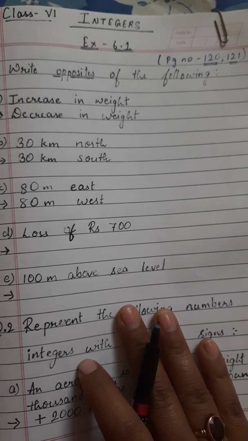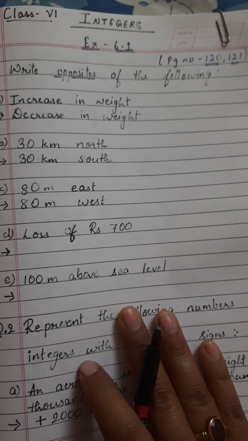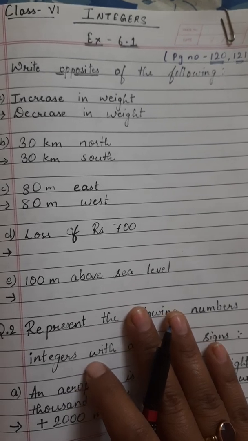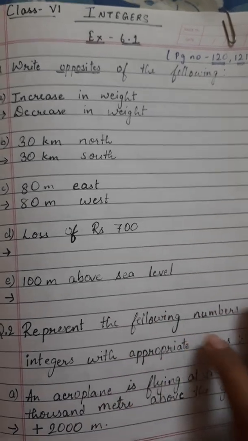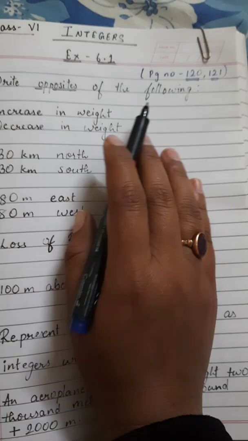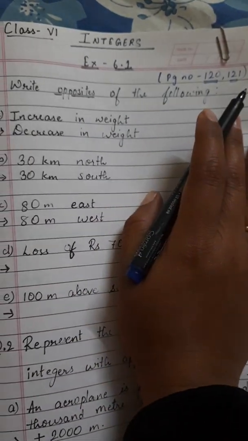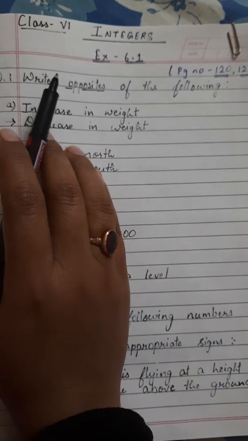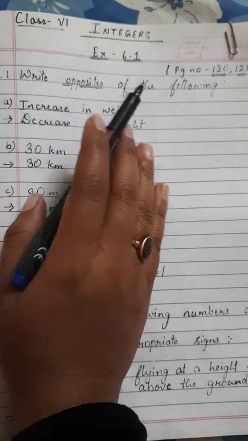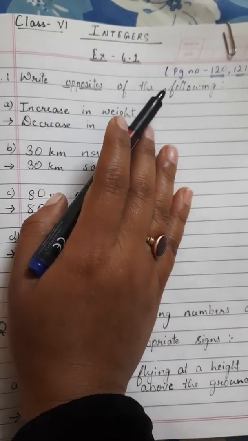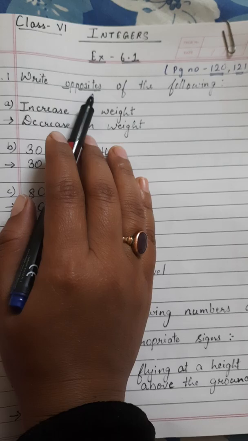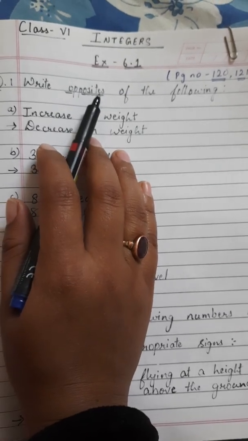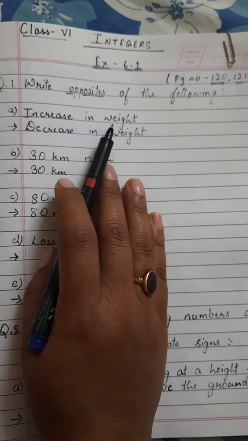So keeping that in mind, let's start our actual exercise 6.1, which is on page number 120 and 121. Question number 1 is, write opposites of the following. Here it is asking for the opposite.